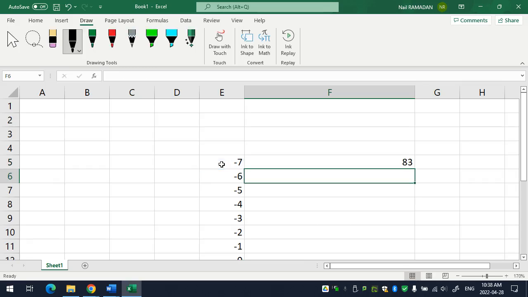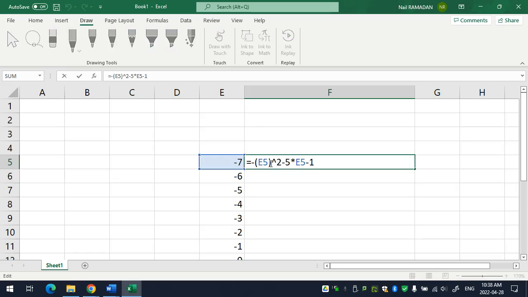Ready? Oh, that doesn't make sense. Did I make a mistake? I know. Hold on. E5 squared. Whoa, 83. Oh, really? Okay. Hold on. Don't think that's a problem.